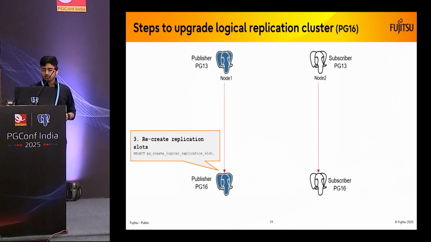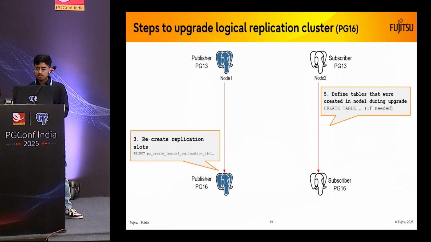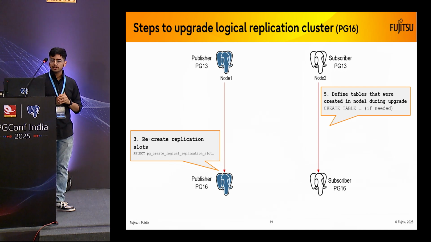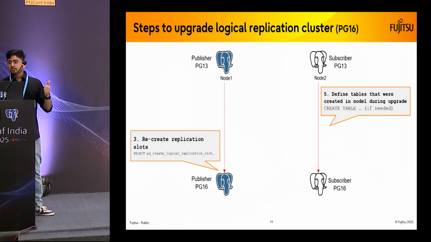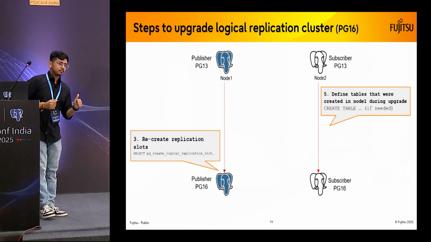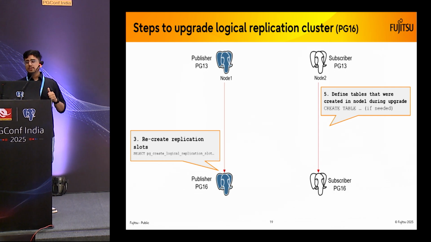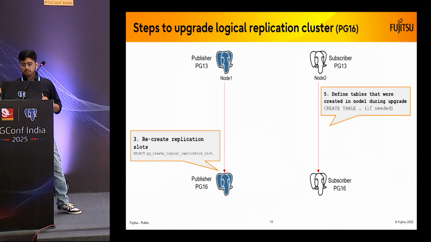During the period the subscriber is upgraded, there can be a case that some new tables are created on the publisher side. Since logical replication does not support DDLs, we need to define those tables on the subscriber side after the upgrade.